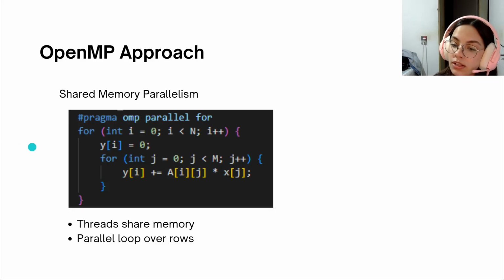So, this code here uses an OpenMP pragma directive parallel for to automatically distribute iterations of the outer loop among threads. So each thread computes a full row of the result vector, and since memory is shared, all threads directly access the same arrays, A, X, and Y.